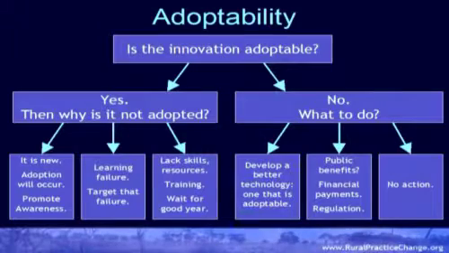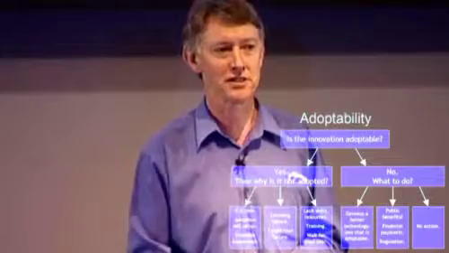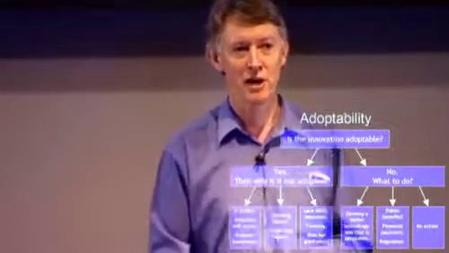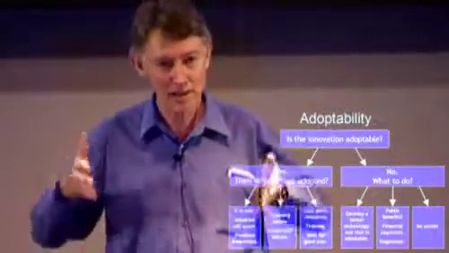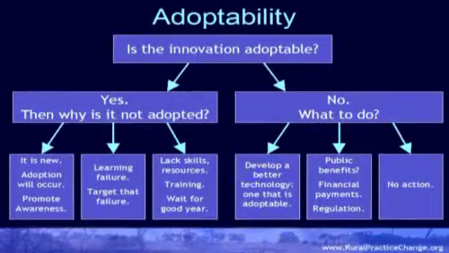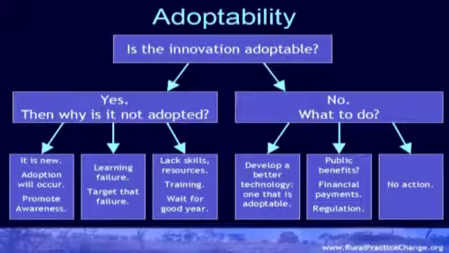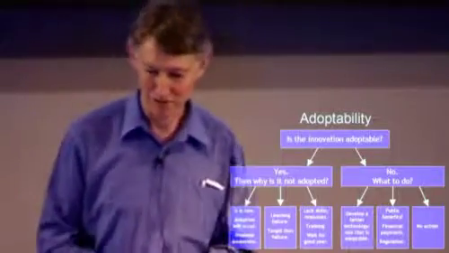So this is what Rick Llewellyn was talking about earlier on, where there are practices out there that are well known, but he was able to identify some very specific parts or aspects of those practices about which farmers had quite bad misconceptions, and to target the extension activities very closely onto those. Or is it lack of skills or lack of resources? So in that case, you may be more about a training type program, or it may be as simple as waiting for a good year, and so that the year after the good year, people can adopt.